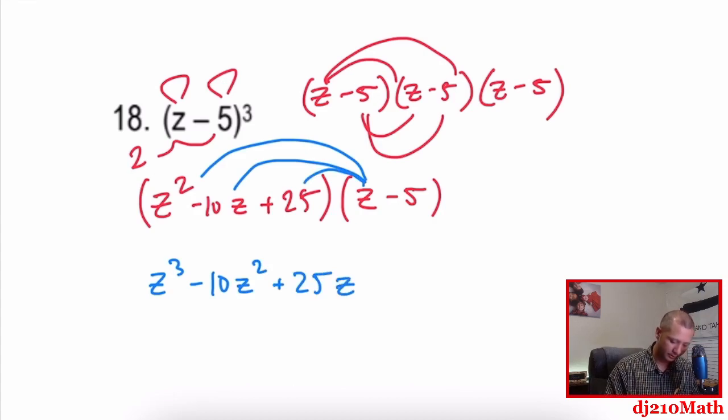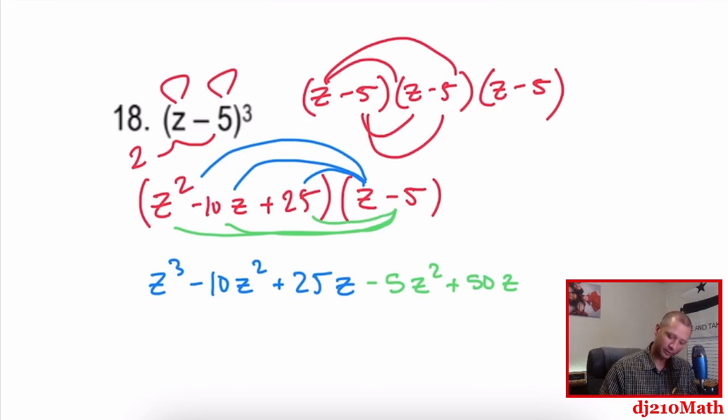Okay, the next one, negative 5 times z squared, negative 5z squared. 5 times negative 10, positive 50z. Negative 5 times 25, negative 125. Is that true? 25 times 4 is 100. Yeah, 125.